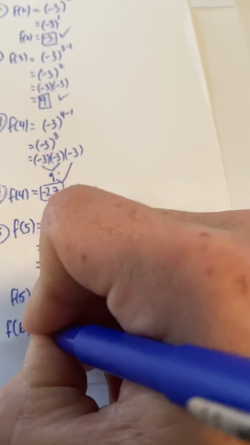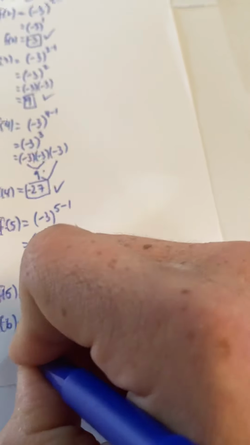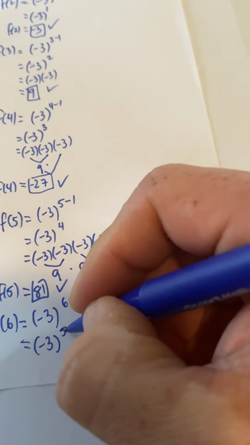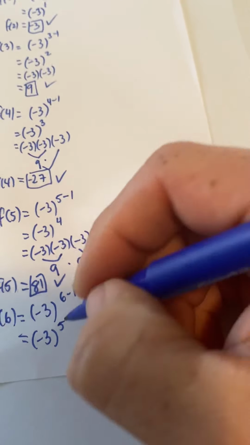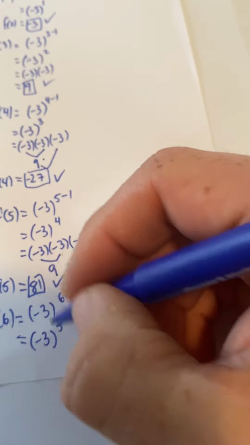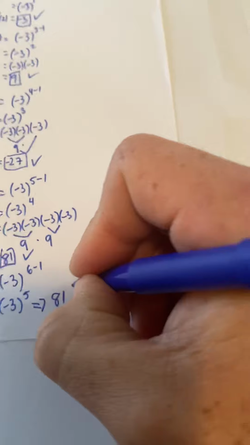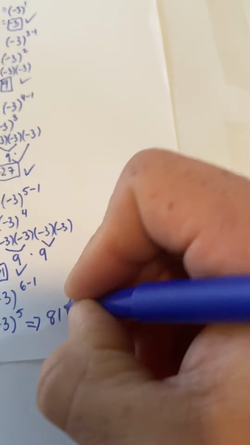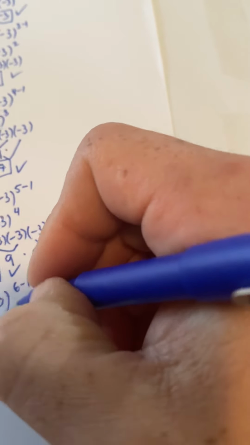All right. And last but not least, we're going to do the last one. When n is 6, that gives us f of 6, negative 3 to the 6 minus 1. In this case, I could take a little shortcut. The quantity of negative 3 to the 4th power, we know, is 81. So we just need one more negative 3 multiplied to get to the 5th power.